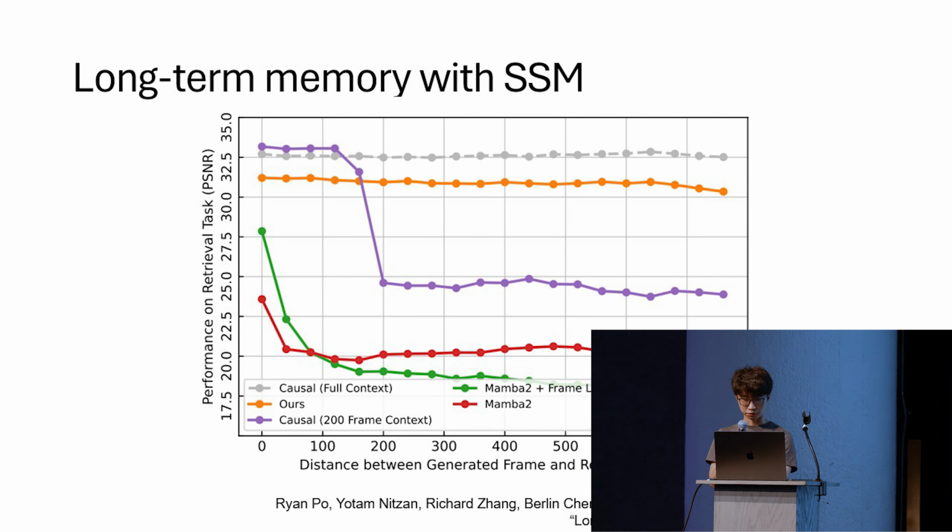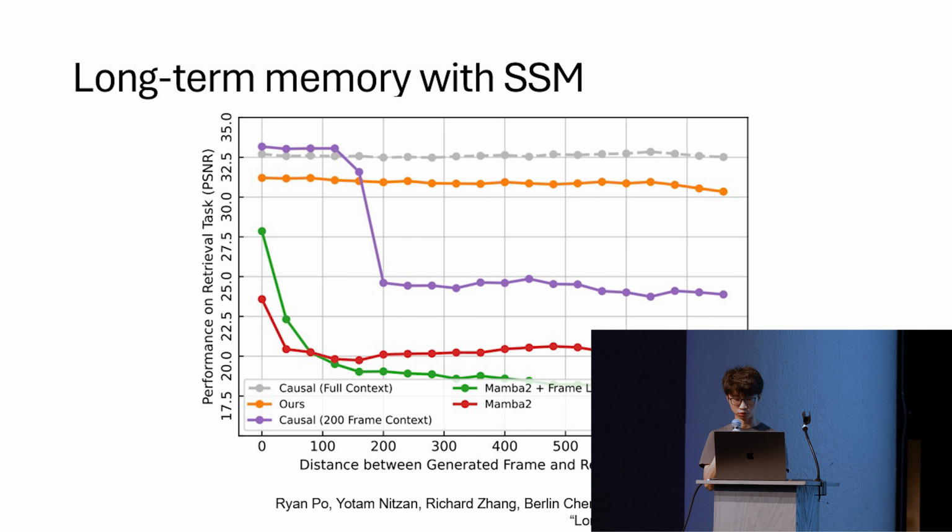And there are some metrics that we show. If you do full attention, of course, you remember things pretty well, but it's also very slow. If you do causal local attention, then you can remember things in the local sliding window, but you forget everything before.